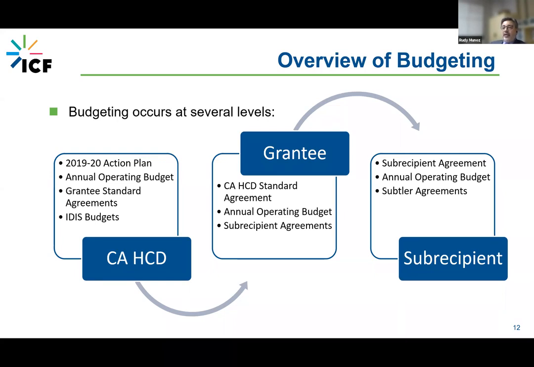HUD requires HCD to include in its action plan a single chart or a table that illustrates at the most practical level how all of the ESG-CV grant funds are budgeted. The action plan budget is entered into HUD's Integrated Disbursement and Information System, or IDIS.